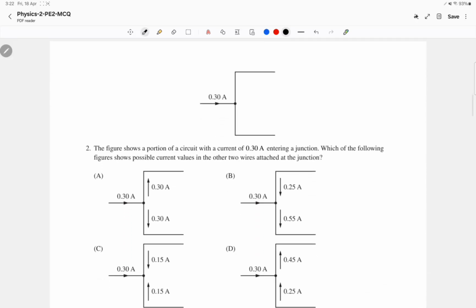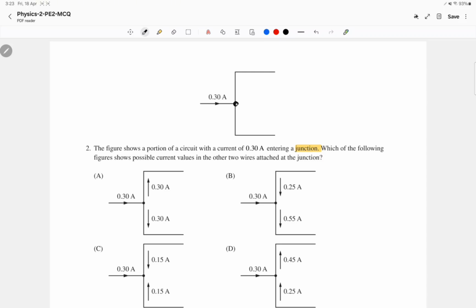Question 2. This is the application of Kirchhoff's rule. Whenever you see something called a junction, that means that the current has to be entering into this node or junction and has to then spread out into two different currents.